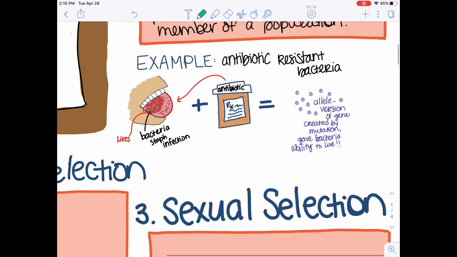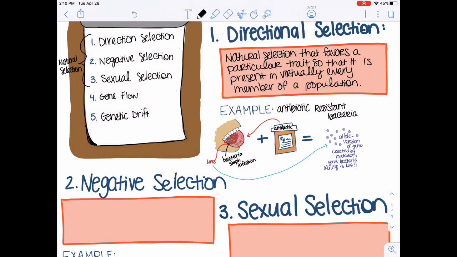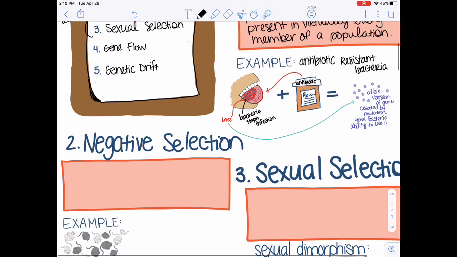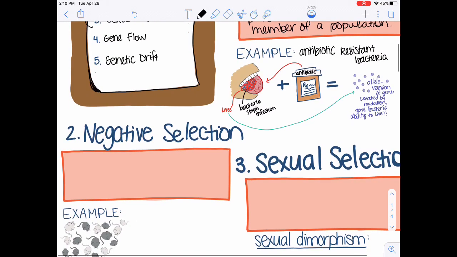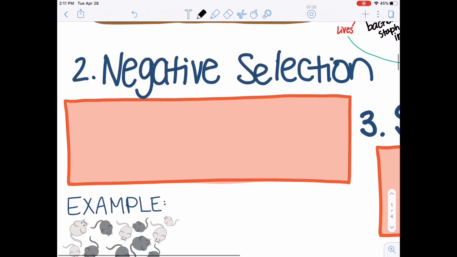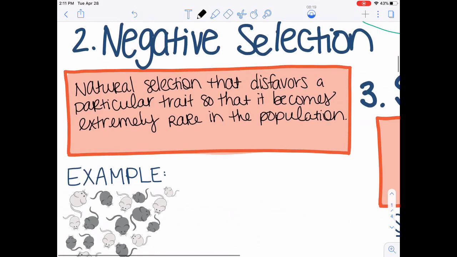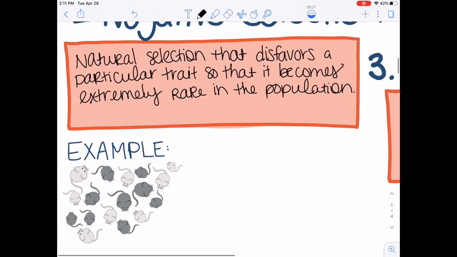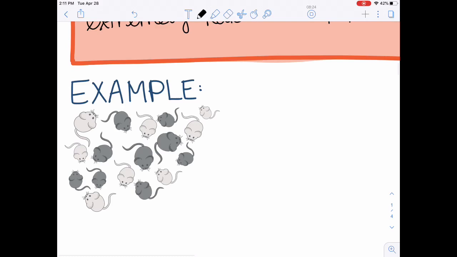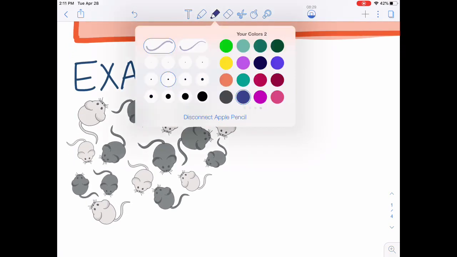Okay, so we have directional selection. Number 2, negative selection, is natural selection that disfavors a particular trait so that it becomes extremely rare in the population. Example of negative selection, I have some little mice drawn here that have 2 types of fur, light fur and dark fur.